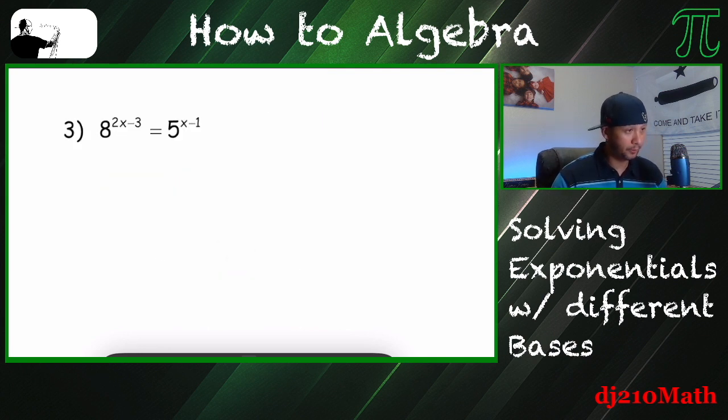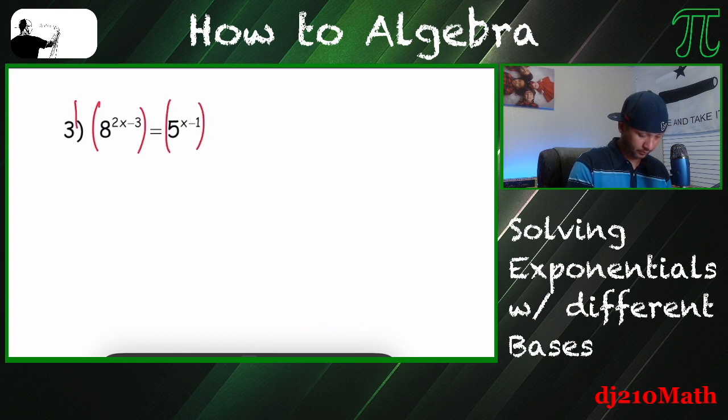So again, we have 2 different bases, and the variables are in the exponent. So right, natural log is the way. So this is going to be, the exponents are going to come down.